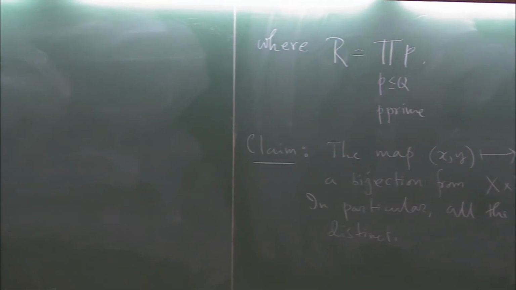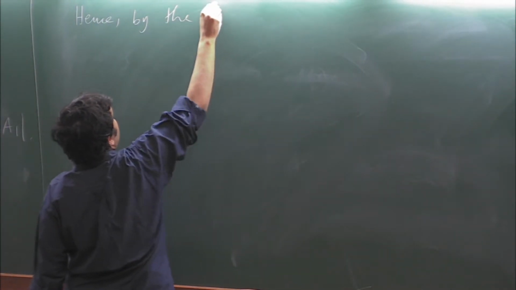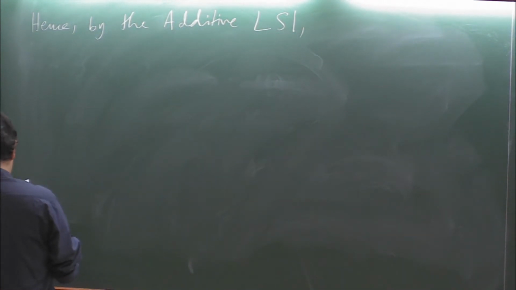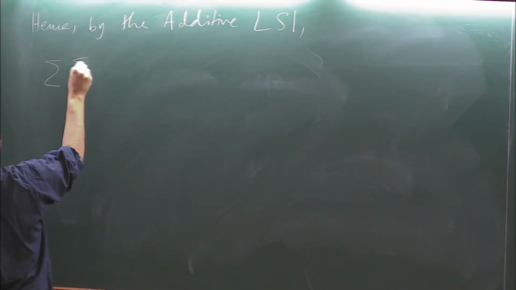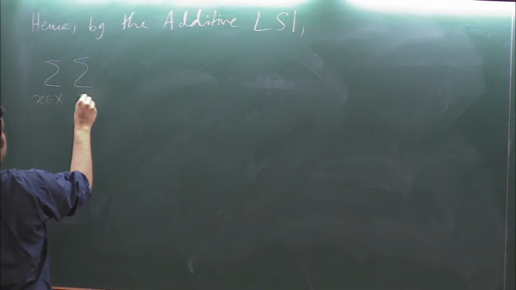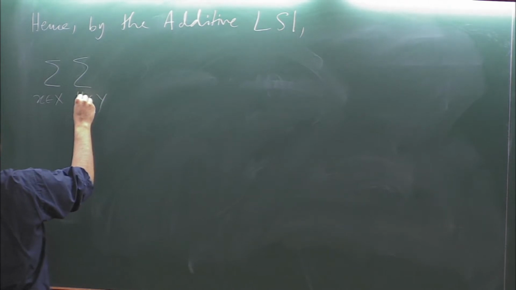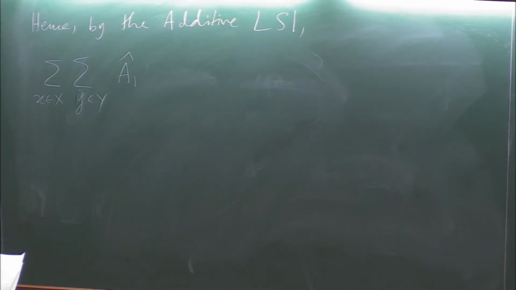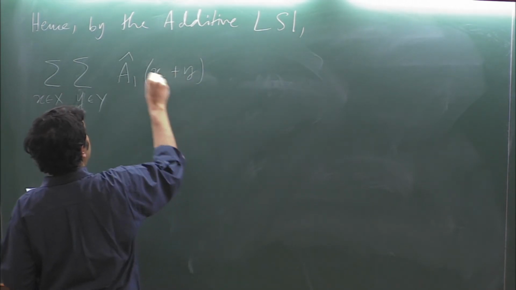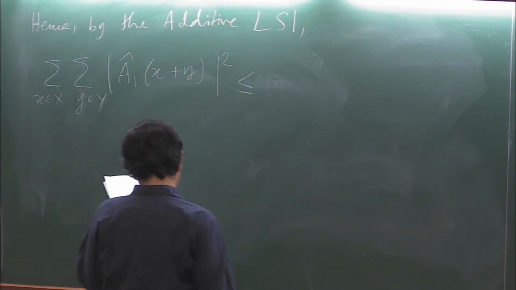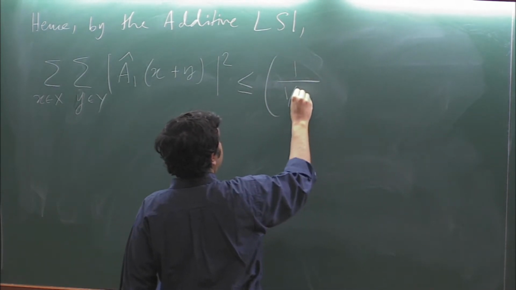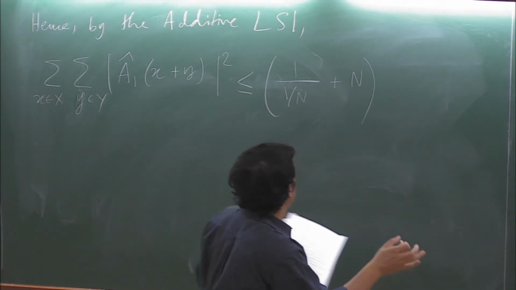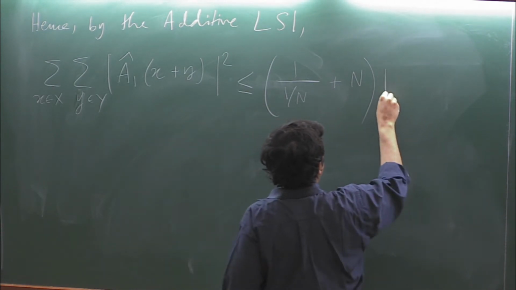So hence, by the additive large sieve inequality, the sum over x, sum over y, of the indicator a1 hat of x plus y, squared, is less than or equal to 1 by delta, which is 1 by n, plus n, because the length is now n minus square root n, which is bounded by n, times the size of a1.